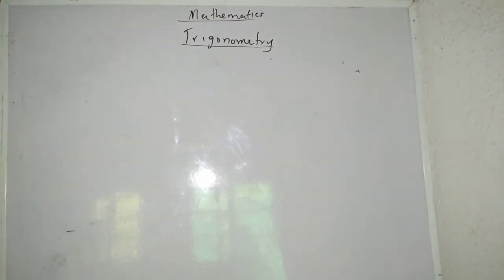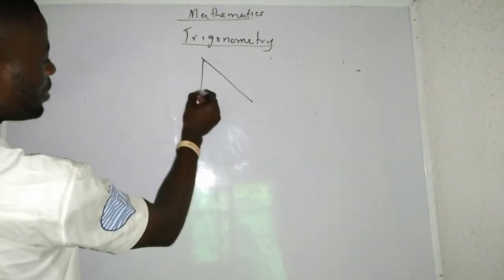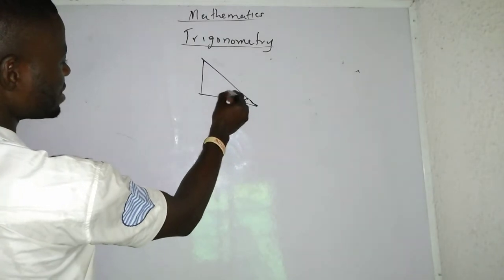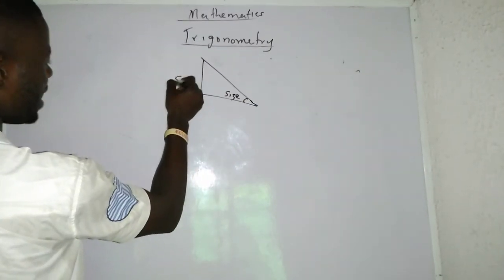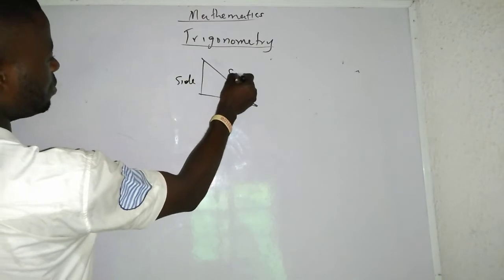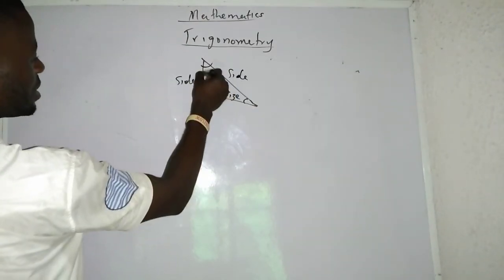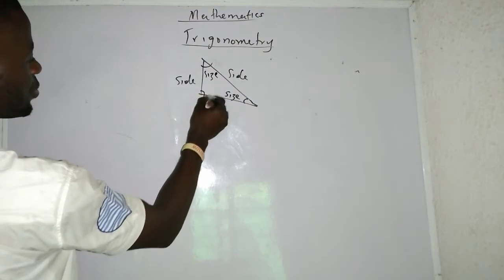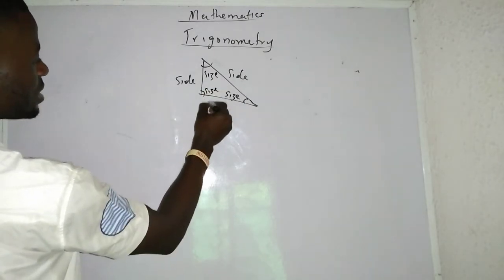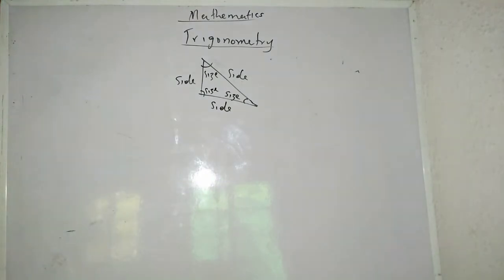I have sides, and I have angles. It involves three sides and three angles. Which one is the size referring to? Angles.